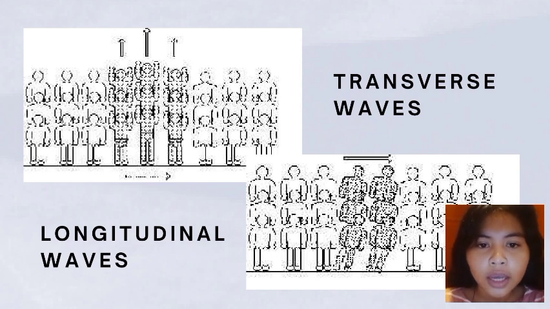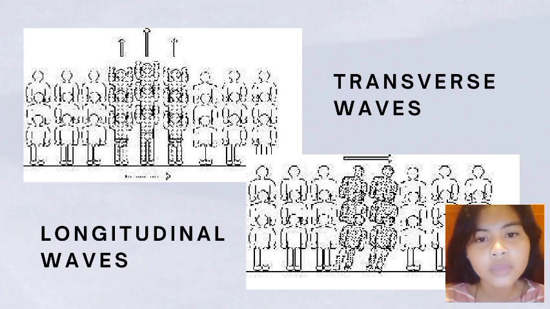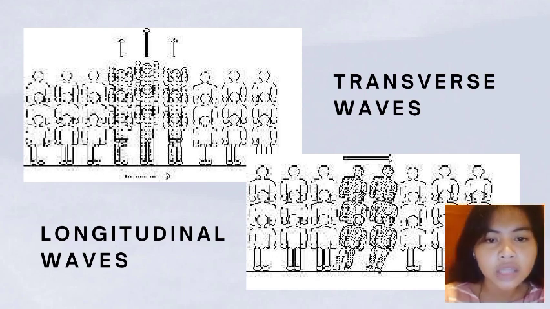So based upon the illustration given, what are the distinctions between transverse and longitudinal waves? How are they different from each other, depending upon the illustration given or the explanation that I've said earlier: in the first wave, the people move upward, and in the second wave, the people move in the same orientation as the movement of the wave.